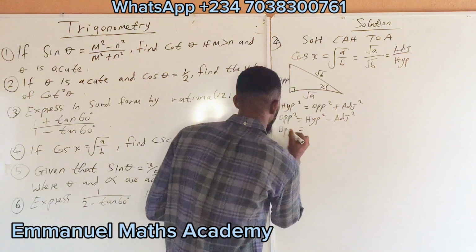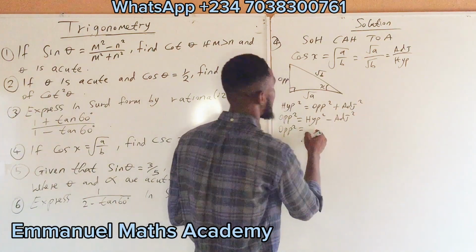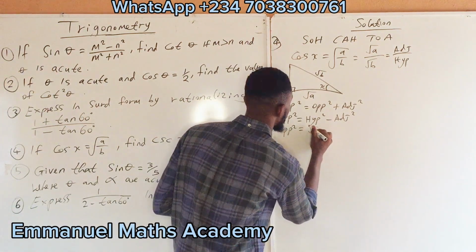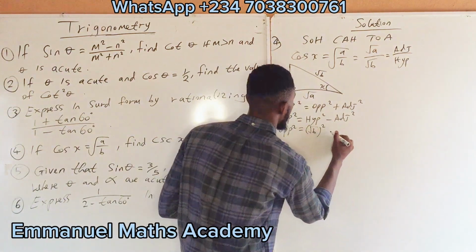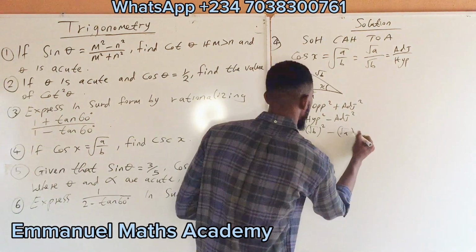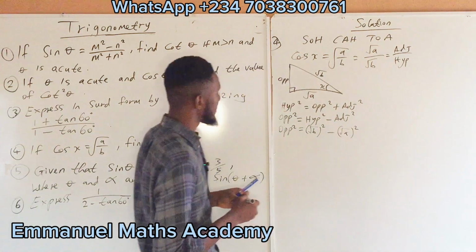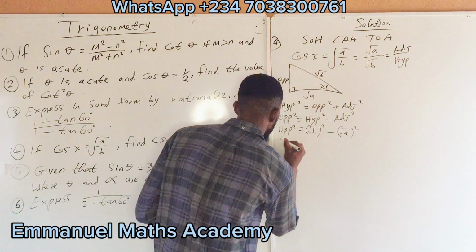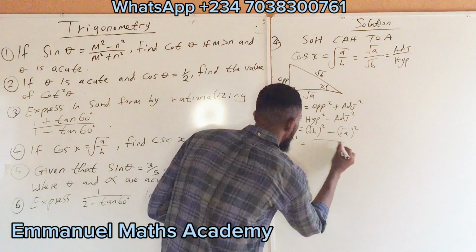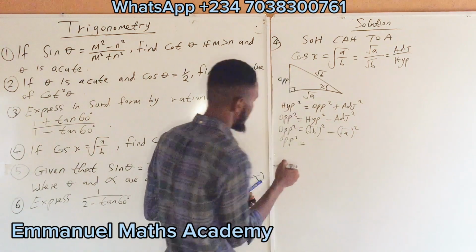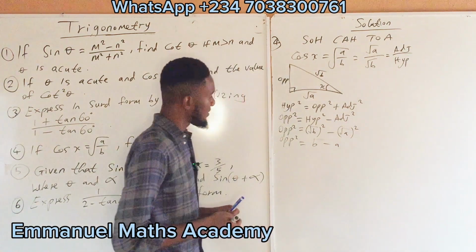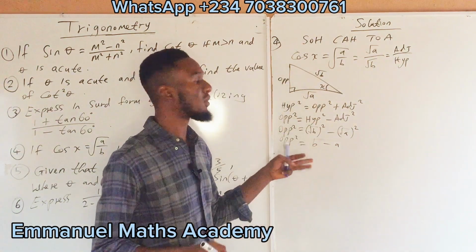From here, what's our hypotenuse? Hypotenuse is this. You now have root b square minus adjacent, which is this, root a square, right? This is equal to opposite square equal to b minus a, right? Because the square root of any number raised to power 2 is that number.